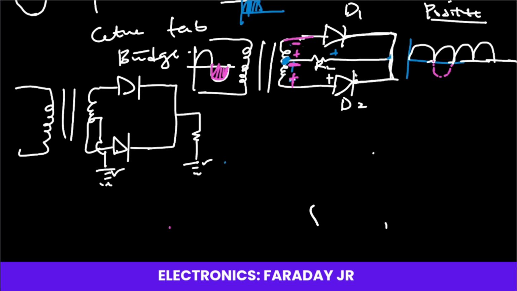So if you want to actually use it well or get a direct DC source, there's a need for us to filter this pulsating DC signal into a pure DC, right? In doing so, we can connect a capacitor, which serves as a filtering device, and we also have inductors as well. But for now, our main concept is for us to understand what is actually happening and how this waveform is being produced, right?